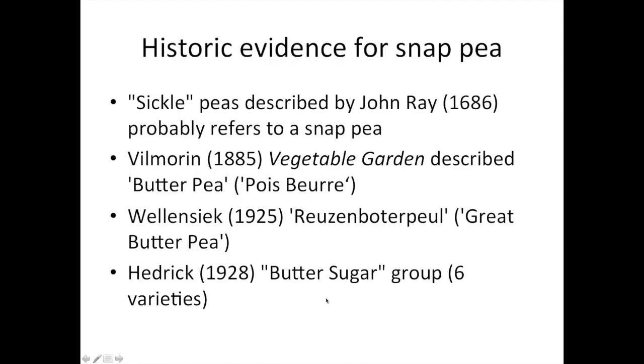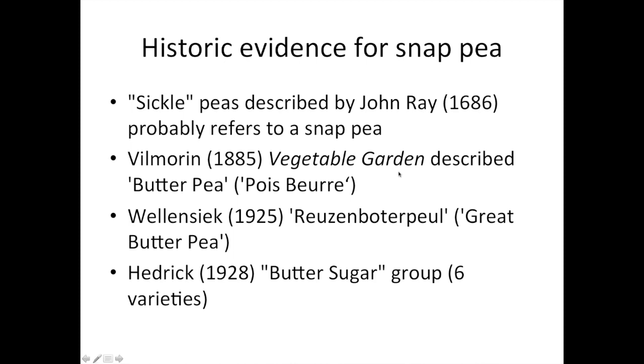There is historical evidence for snap peas being around quite some time ago. I've found reference in an herbal by John Ray from 1686 to sickle peas, which are probably snap peas. He talks about the pods being edible and they are very easily destroyed by birds and things like this.